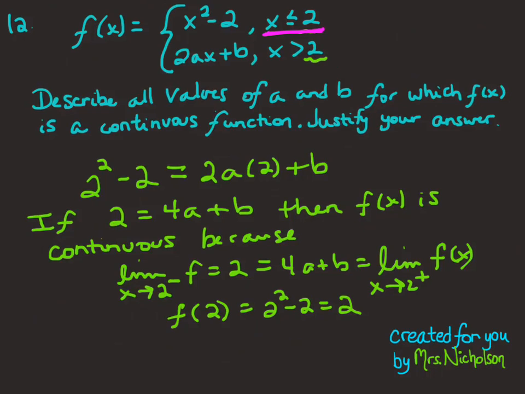And so that means that the limit as x approaches 2, wow, there's a lot of 2's in this question. The limit as x approaches 2 is equal to the value of the function at 2, because the limit would have to be 2 and the value of the function is 2. And therefore they're equal to each other, and therefore the function would be continuous.